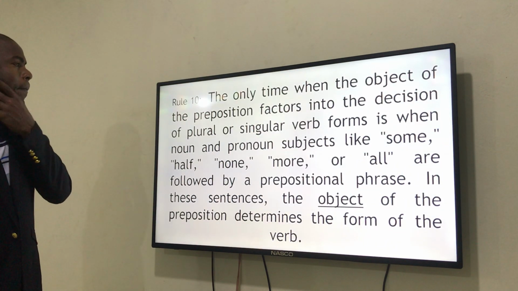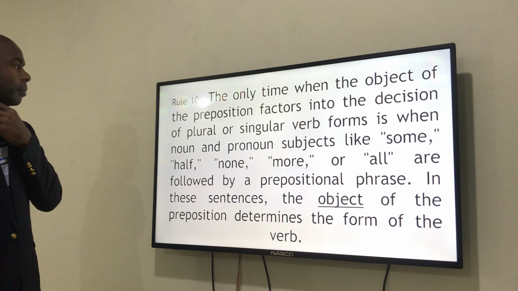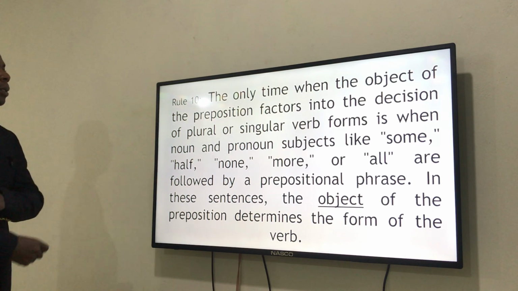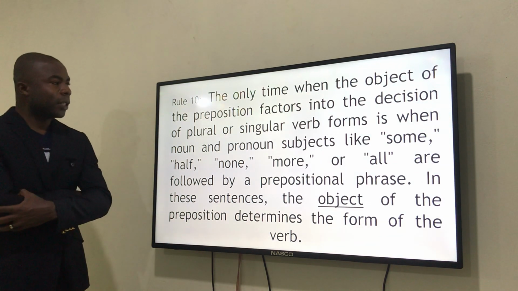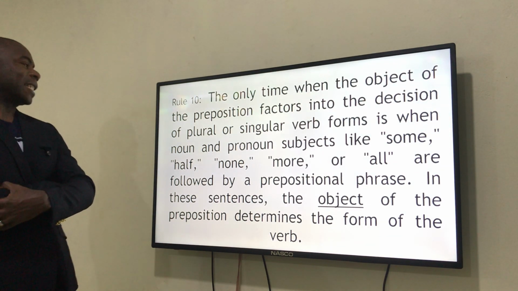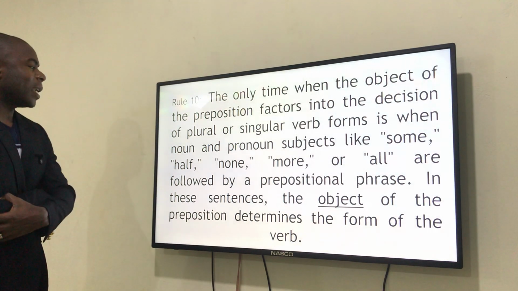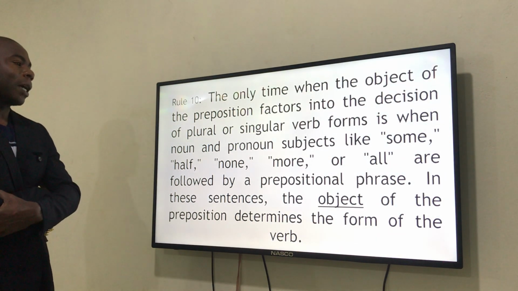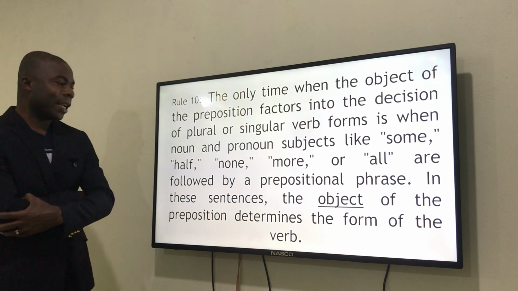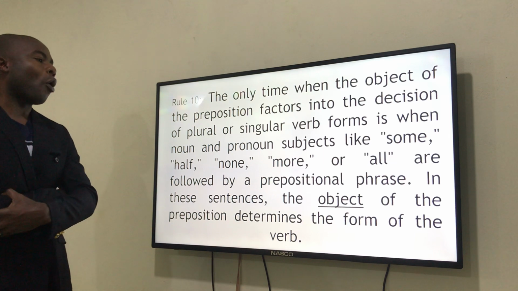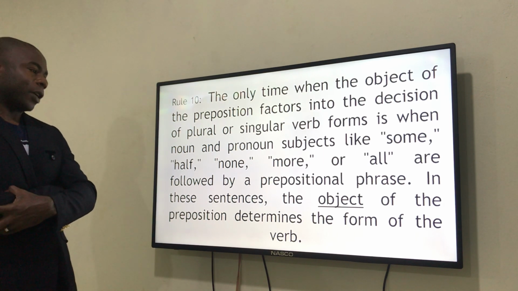Now, rule number 10. It says, the only time when the object of the preposition factors into the decision of plural or singular verb forms is when noun and pronoun subjects like some, half, none, more, or all are followed by a prepositional phrase.